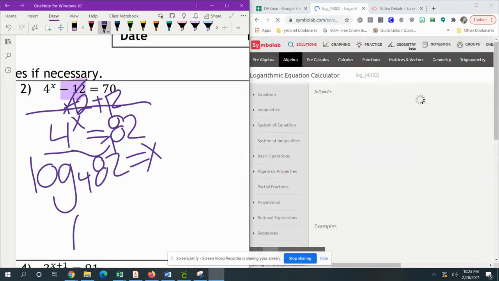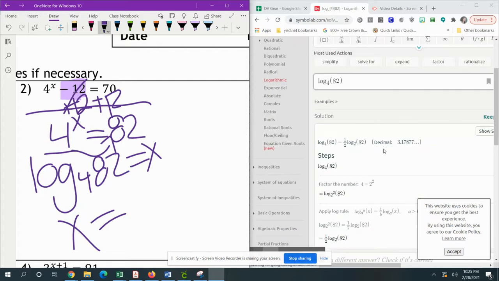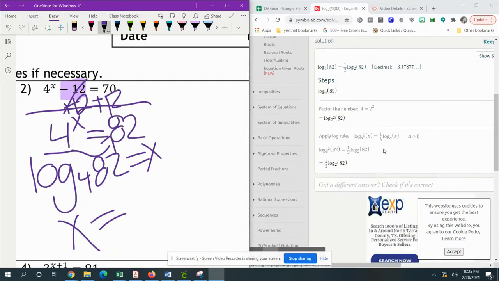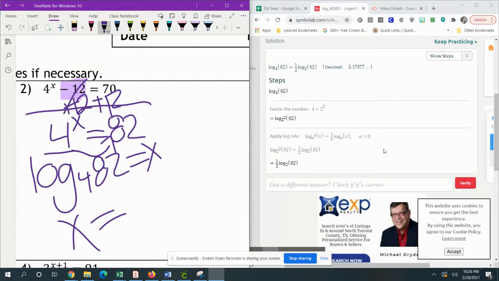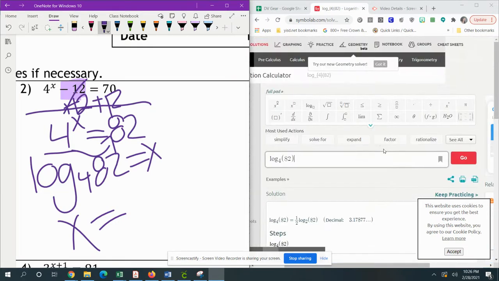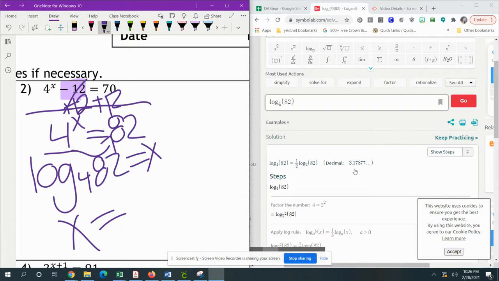We're rounding to 2 decimal places. It tells you right here, decimal 3.178. So that would be 3.18.